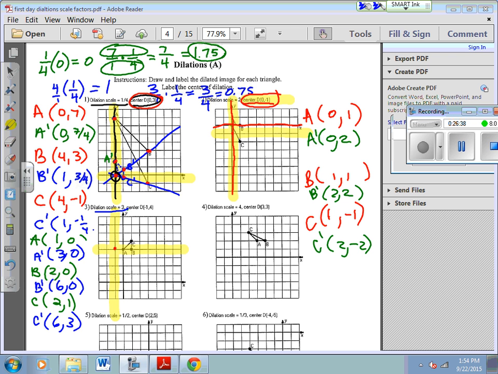All right, so when you connect those points for number 2, 0, 2 would be right there for A prime. And then for B prime, it'd be 2, 2. And C prime is 2, negative 2, right here.